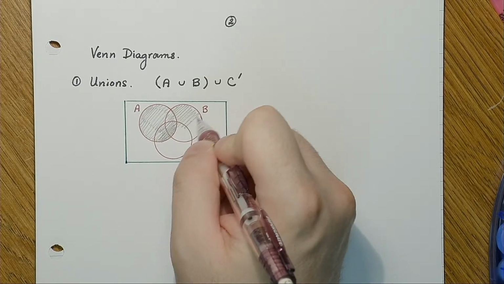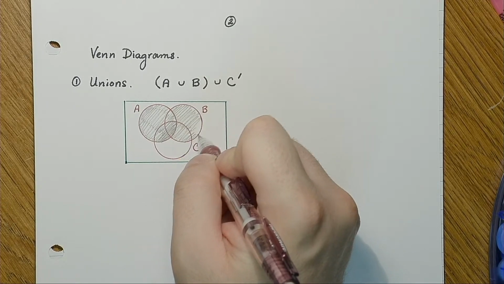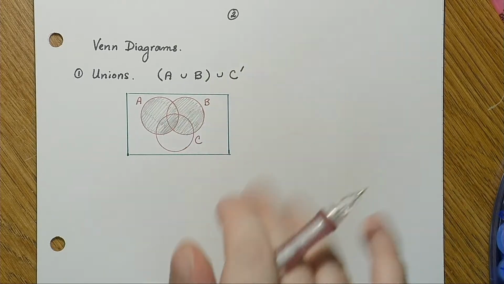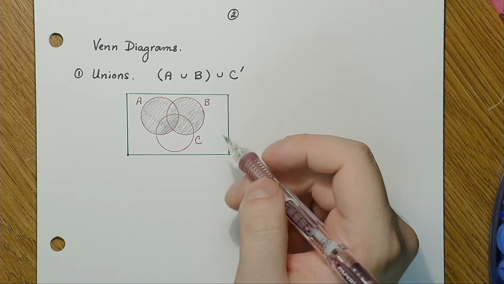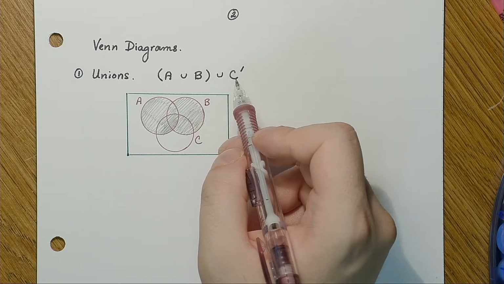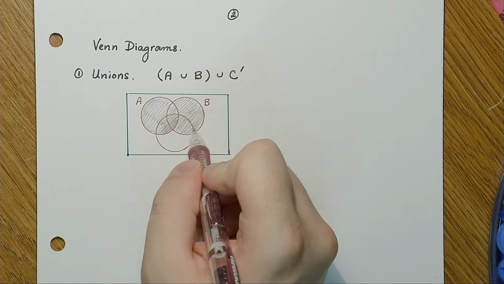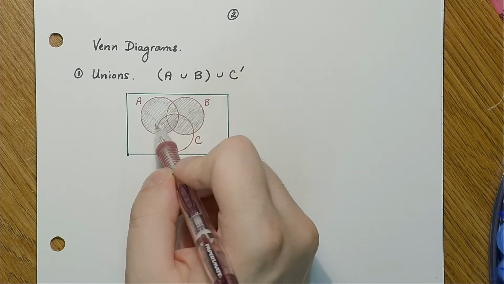Here's A union B. And then we have union C prime. So it's everything outside of C.